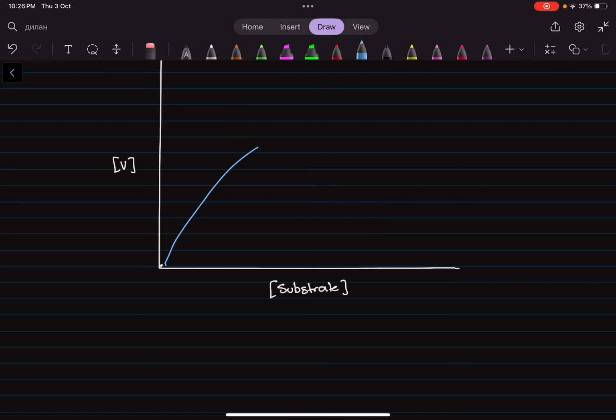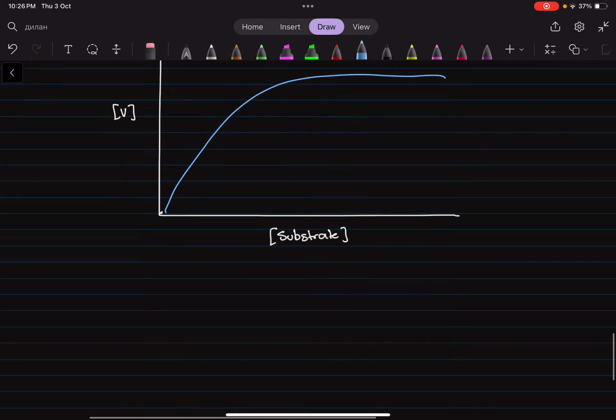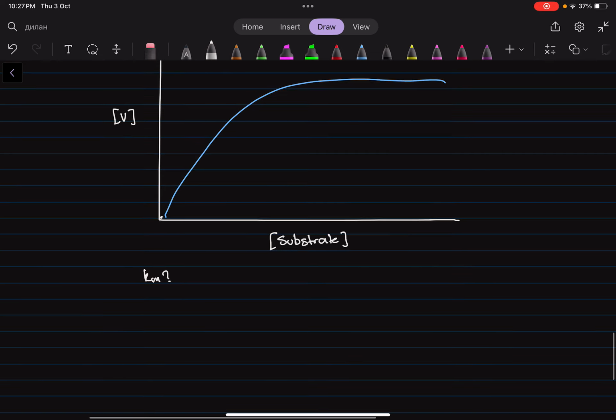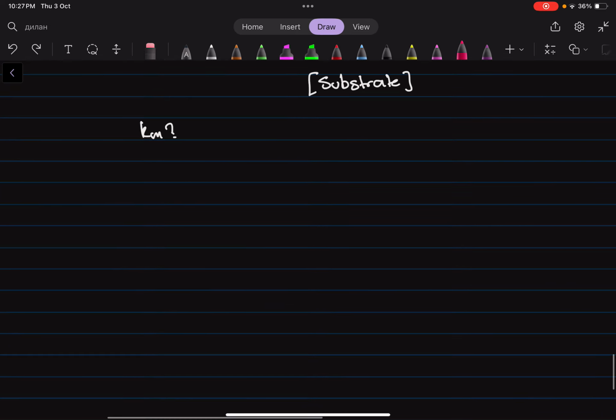It's like this, and the question is, what's Km? So Km is Vmax, so you go to the maximum velocity, V is like rate, over 2. So if we know this, Km is equal to Vmax over 2.